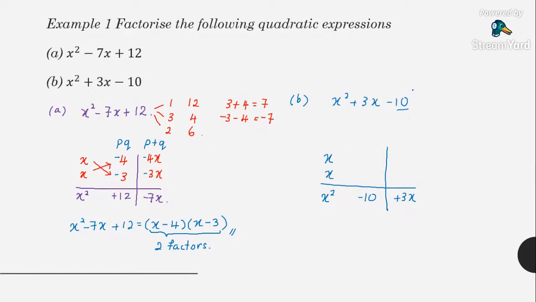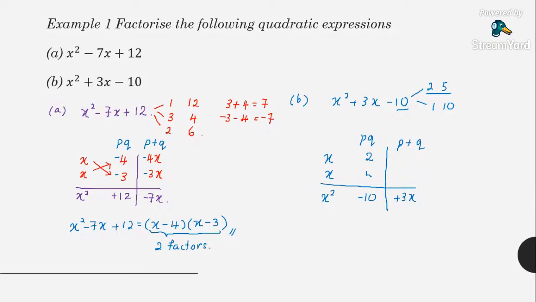And please, you must know the factors of 10, 2, 5, or 1, 10. So remember, this is P plus Q, this is PQ. So obviously, if you want to find P plus Q of the sum of the roots to get a 3, okay, 2, 5 is more likely will give you a 3.